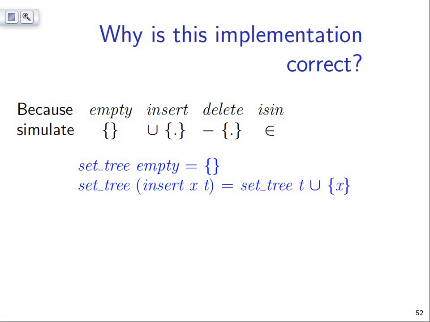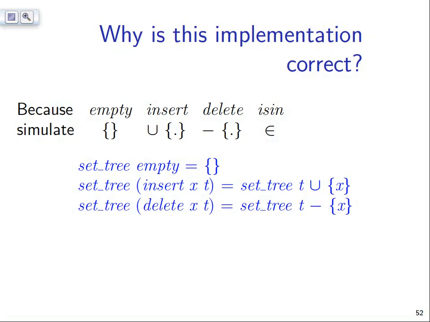But similarly, you should have the following: if you insert an element into your tree, and then you get out the elements instead of all the elements, that should be the same as the elements beforehand, plus this new element. So this is exactly what I'm saying up here, that insert implements this union with a single element.